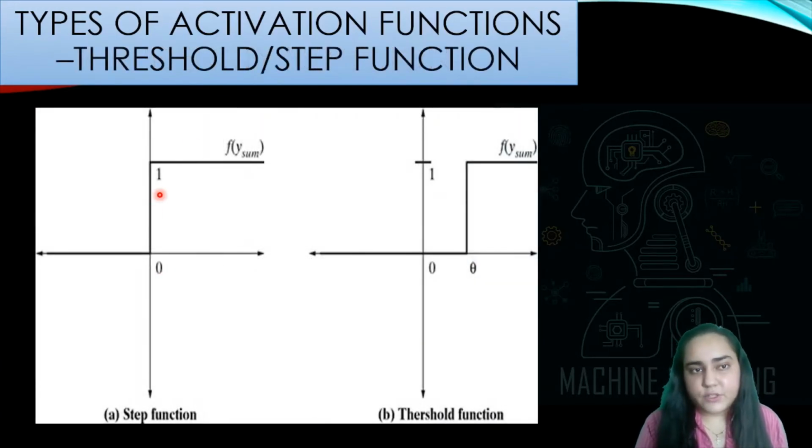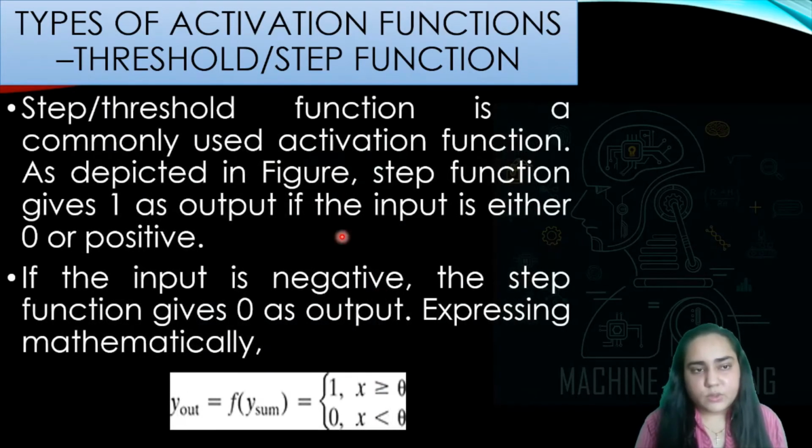The next kind of function is the threshold or step function. This is a step function, which you can see here. It starts from here and goes here and here. There is a 0 and there's 1. This is the threshold function, which is going in this manner. There is a theta value involved. Let's take a look at what that means. The step or threshold function is a commonly used activation function, as we just saw in the figure.